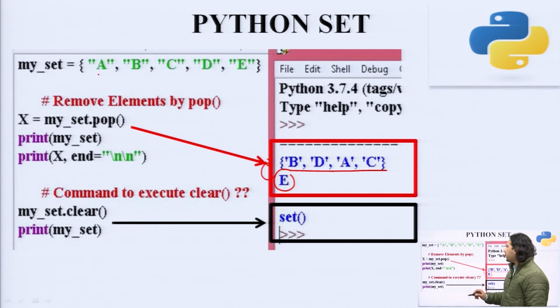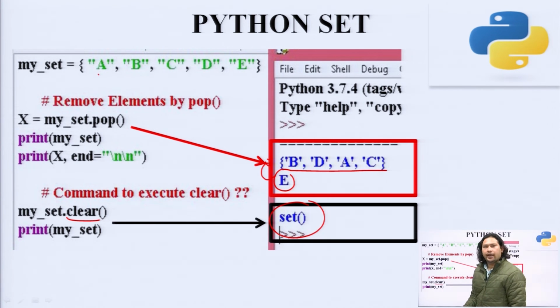That means the pop method removes the element from the beginning. Next thing is, when we are using the clear method on the set, what is happening? The set is formed, but with empty elements, or there is no single element lying under the set.